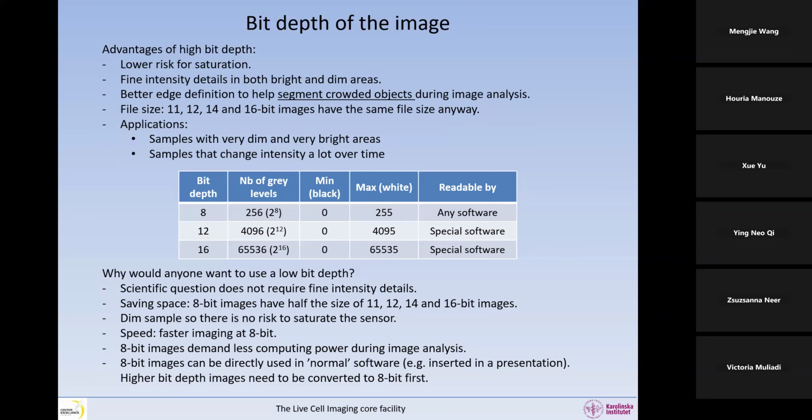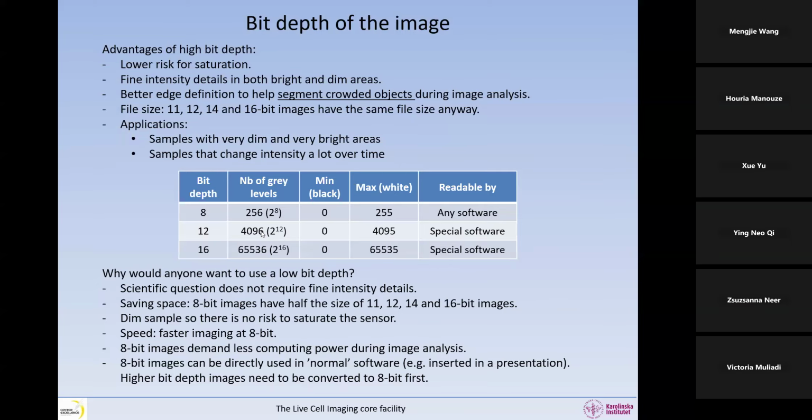But if you have a problem with saturation quite often, especially if you do Z-stacks, for example, or if you cannot get fine details in the dim areas and in the bright areas, and you want a fine readout of the intensity, you need to go for a higher bit depth. As you see, there is an enormous difference between 8-bit and 16 bits, even between 8-bit and 12 bits.